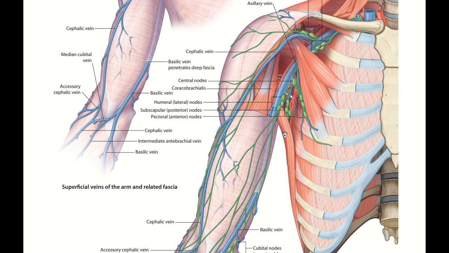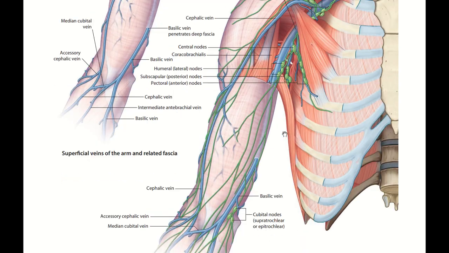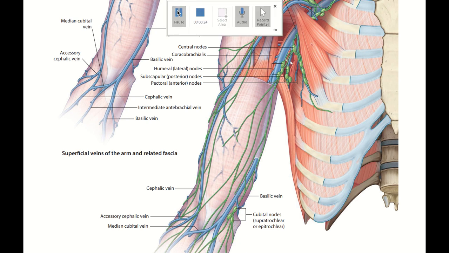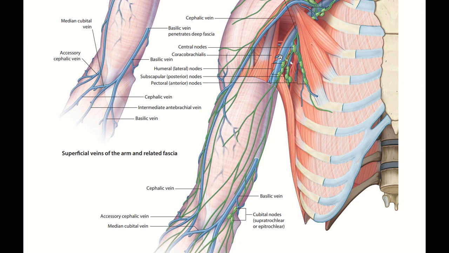Good. As for the clinical correlates of lymph, you have lymphadenitis. This is due to inflammation of the lymph. You have infection of lymph vessels, which leads to inflammation of the lymph nodes. Inflammation of the lymph vessels is actually called lymphangitis.